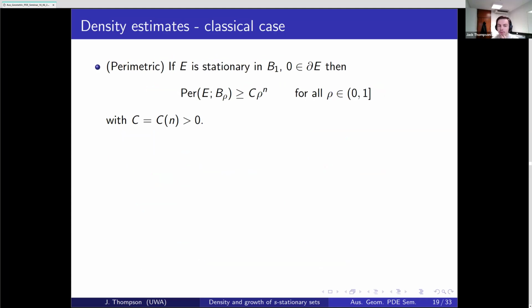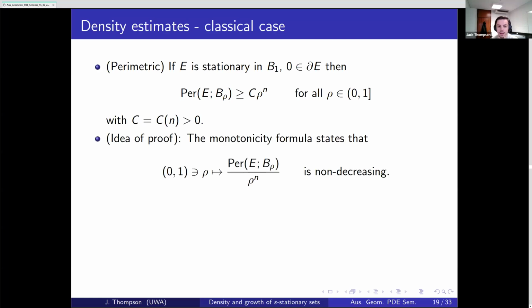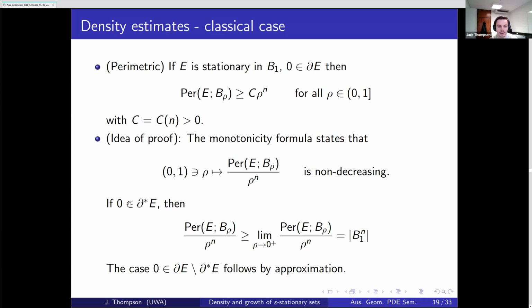Now, for the parametric estimate, if E is stationary in B1, we have this parametric density estimate. And this simply follows from the monotonicity formula. So it's well known that if I'm stationary, this object here is non-decreasing. And then if 0 is in the reduced boundary of E, if you don't know what this is, forget it.